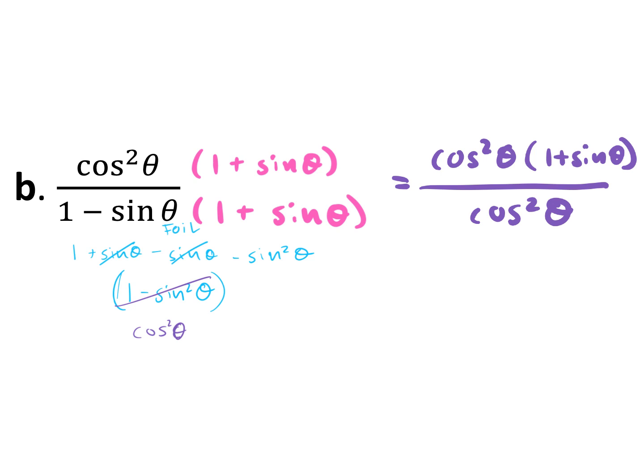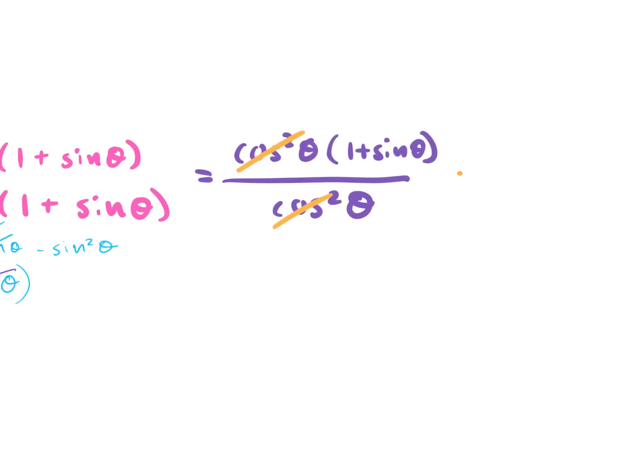What can I do next? I can cancel out the cosine squared. Since the cosine squared is being multiplied on top, I can cancel it out with the cosine squared on the bottom. So what am I left with? 1 plus sine theta. And that's it. There's nothing else we can do there. So that would be our answer.